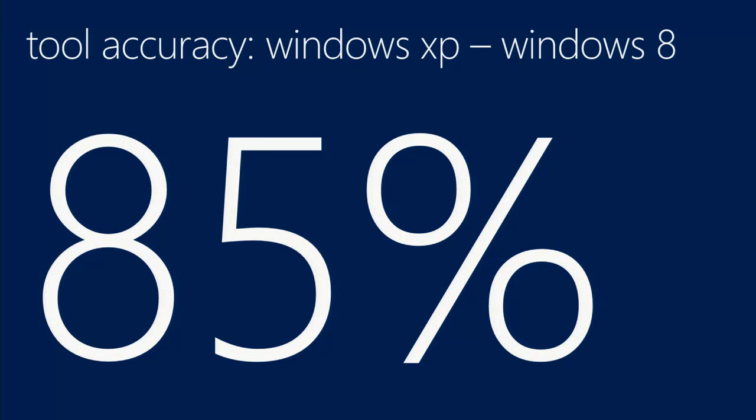So the primary tools that we see helping out in doing static analysis of applications moving from Windows XP to Windows 8 hit an accuracy of about 85% today. That number has been going down. Historically, they were at 95%. The number has not been going down because they've gotten worse at writing software. The number has gone down because the problem has become harder.